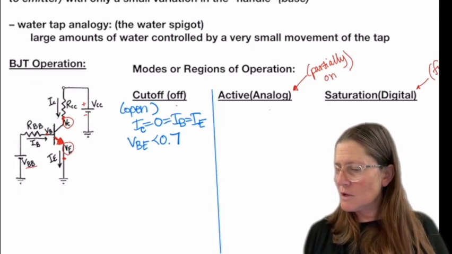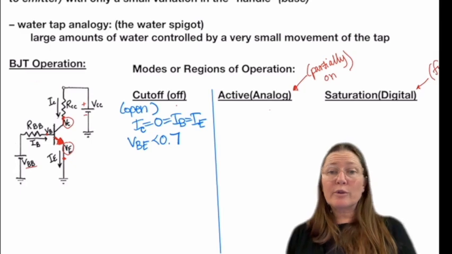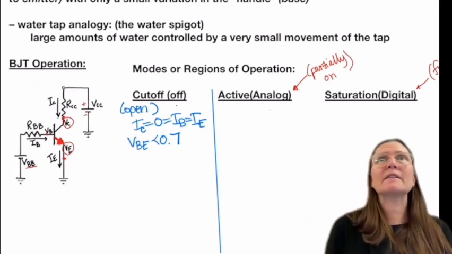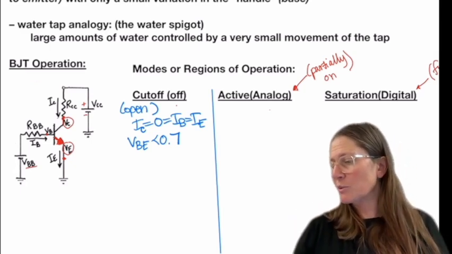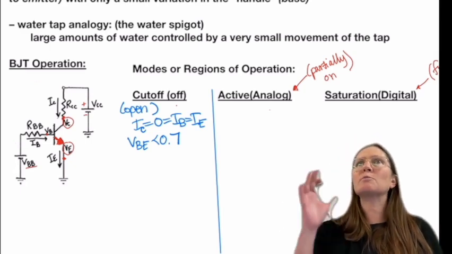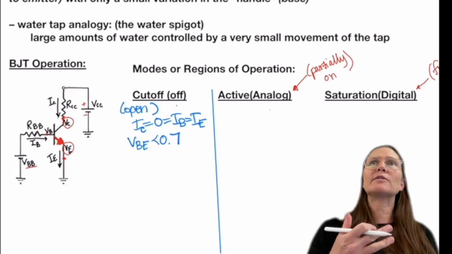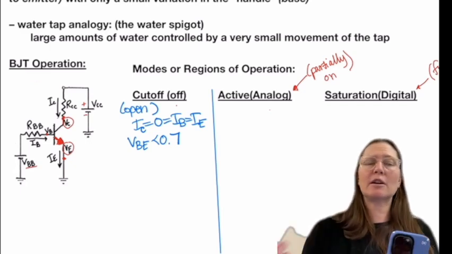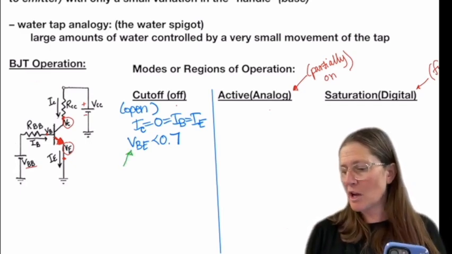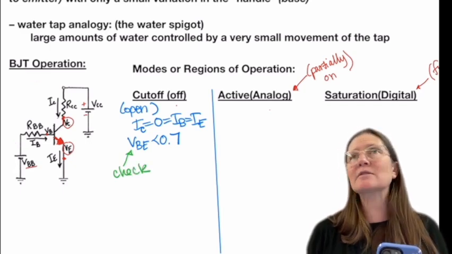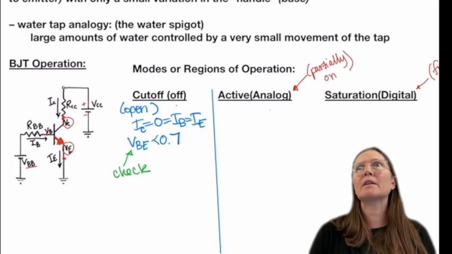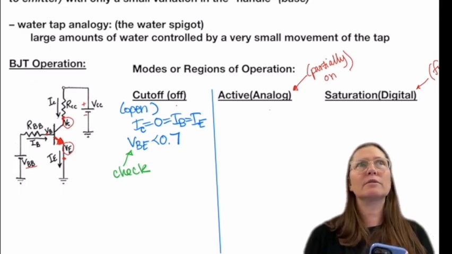So no current flows in the circuit. The check on this, we're going to do just like the diode, where you make an assumption, you analyze the circuit with those assumptions, and then you check. So this is going to be your check, that VBE is less than 0.7, and that diode is off.